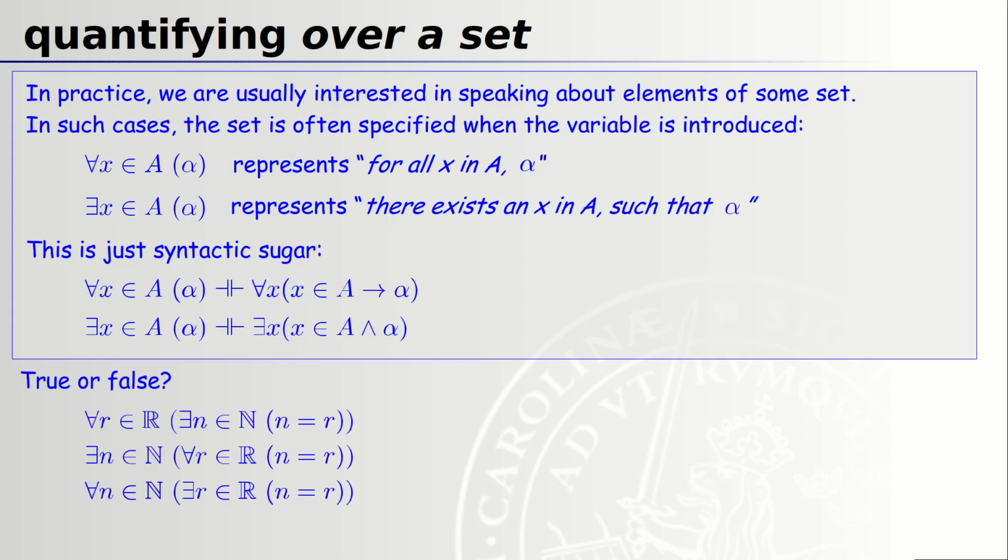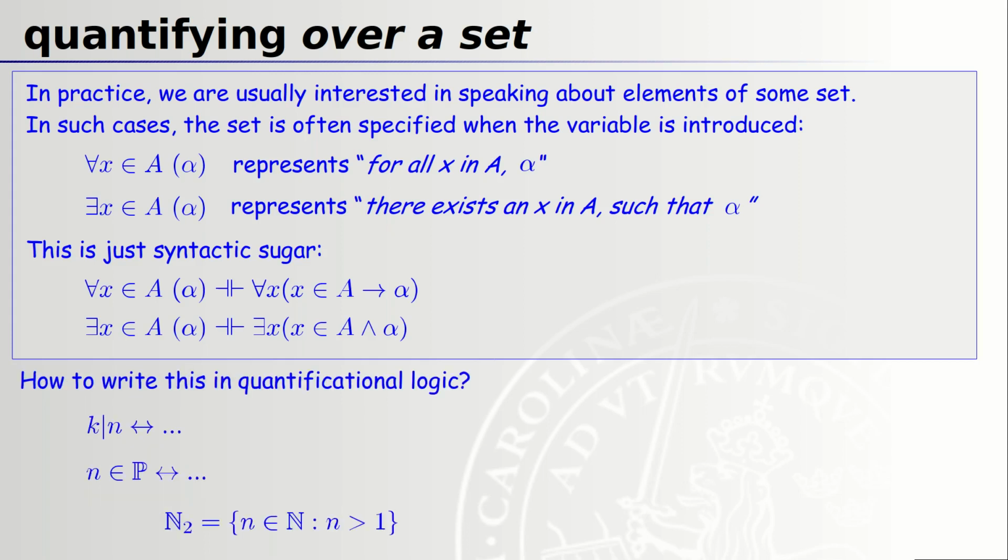With that, let's look at the truth or falsehood of a few quantified formulae. And these are the answers. How would you write these two propositions more explicitly using quantificational logic?